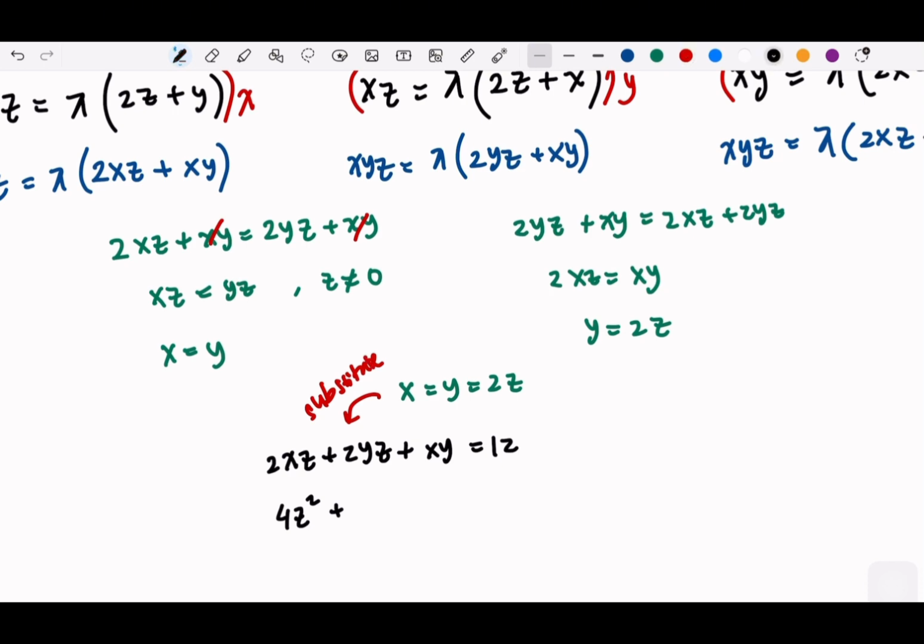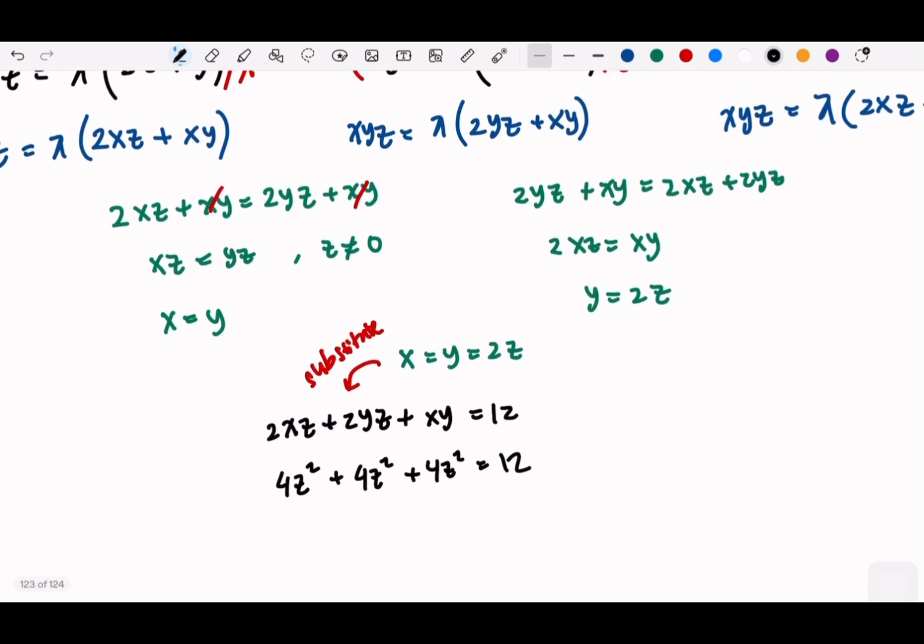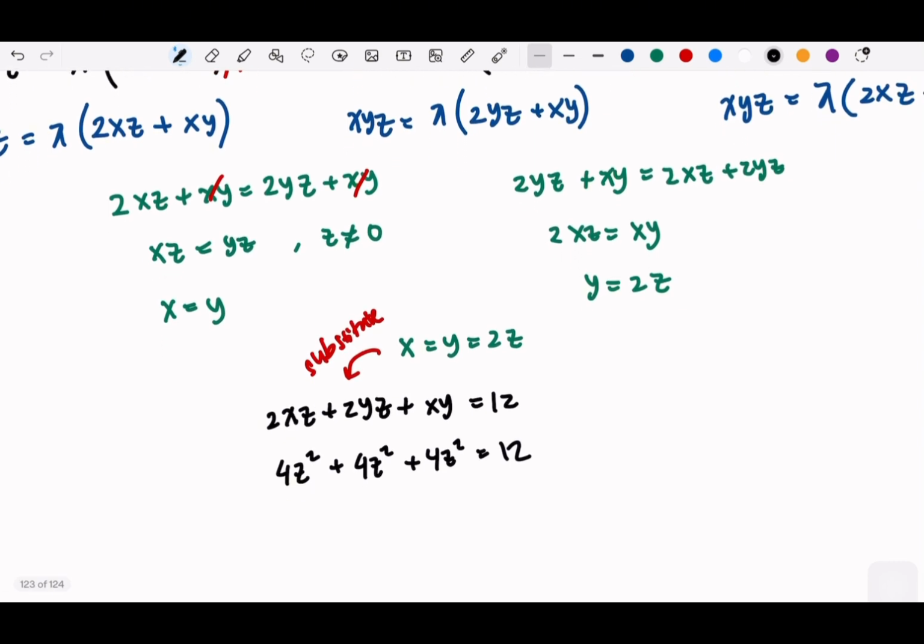And 2yz will be 4z squared. And xy is 2z times 2z, which is 4z squared, equal 12. So this will be 12z squared equal 12, and z will be 1, okay?